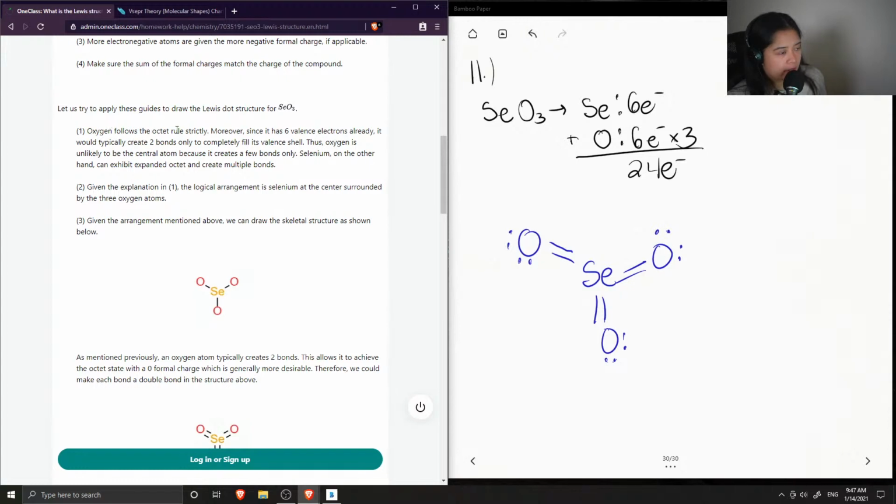Oxygen follows the octet rule strictly. Moreover, since it has 6 valence electrons already, it would typically create 2 bonds only to completely fill its valence shell. Oxygen is unlikely to be the central atom because it creates few bonds only. Selenium, on the other hand, can exhibit expanded octet and create multiple bonds.